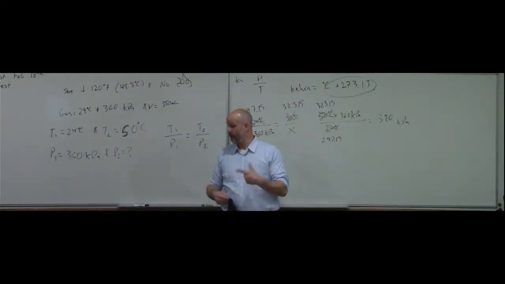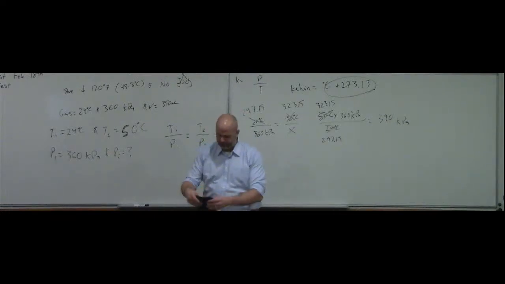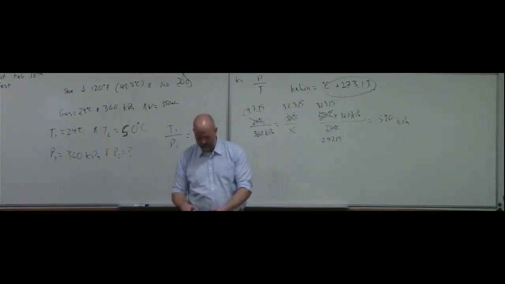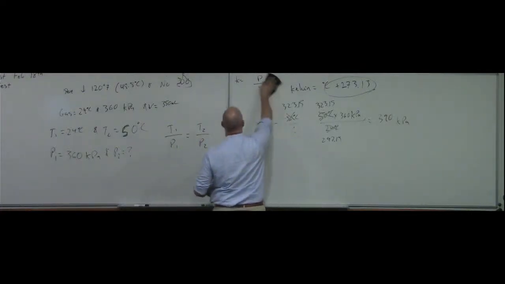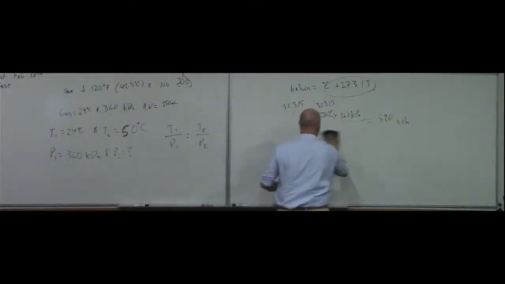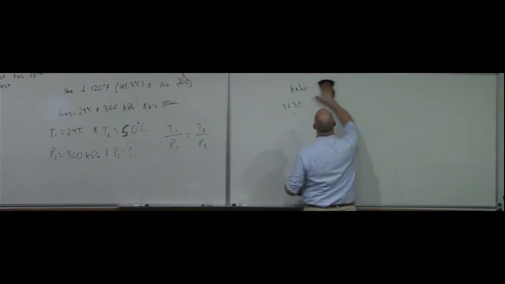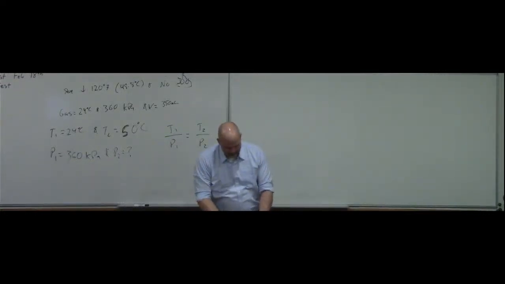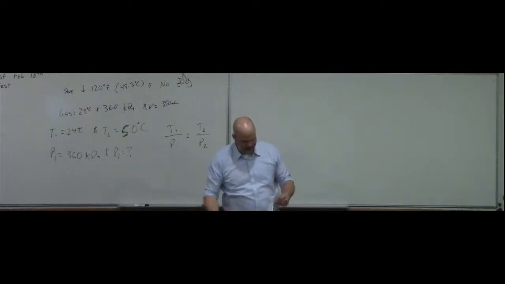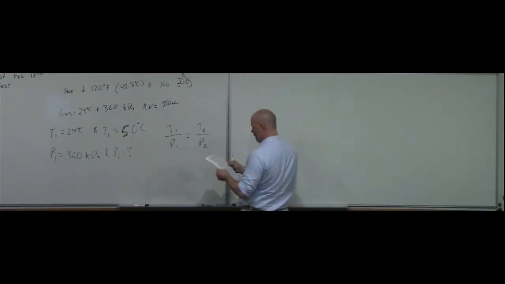This time we'll do it the other way, though, with the pressure on top instead of the temperature. So on this one, a sample of nitrogen gas occupies a volume of 40 milliliters.